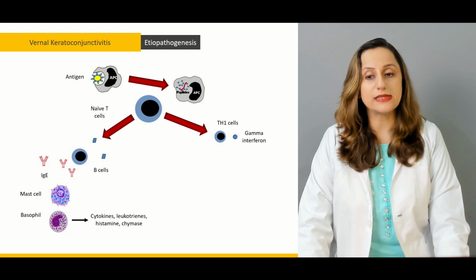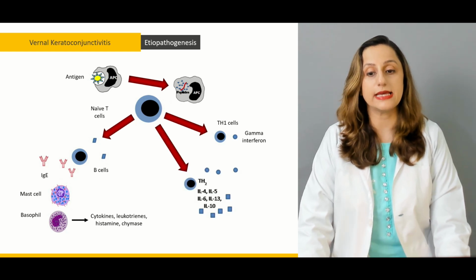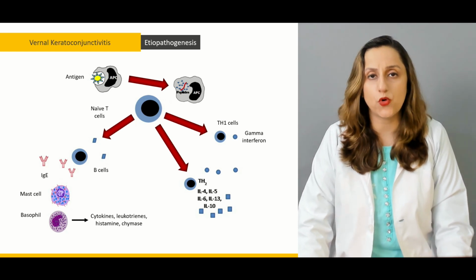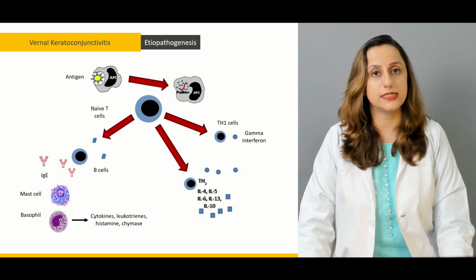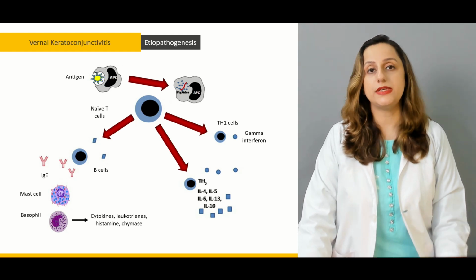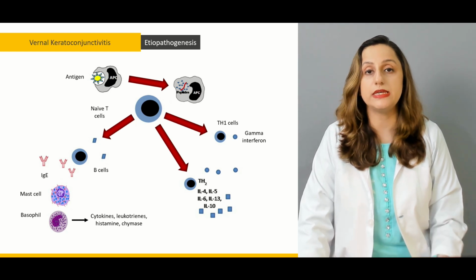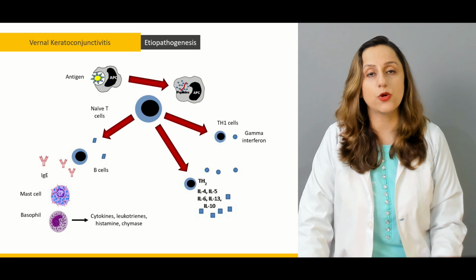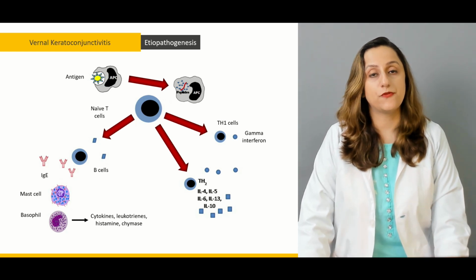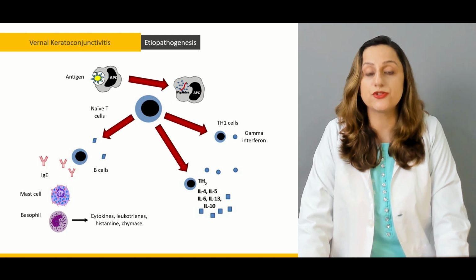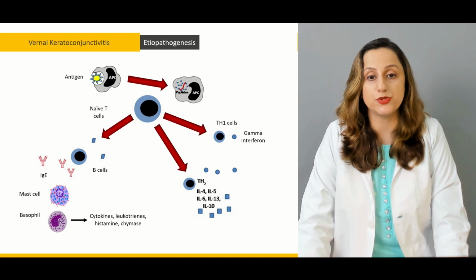We have the Th1 cells that release gamma interferon, and we have the Th2 cells which release interleukin 4, 5, 6, 13, and 10. All of these are responsible for an acute and aggressive inflammatory response, and for the flaring up of this allergic reaction in the individual.